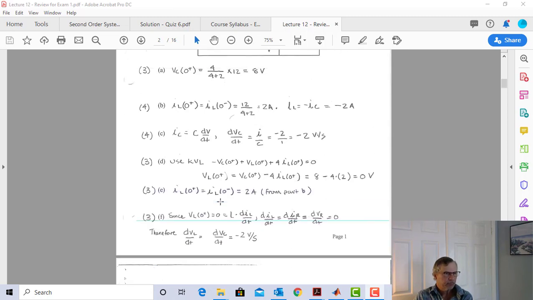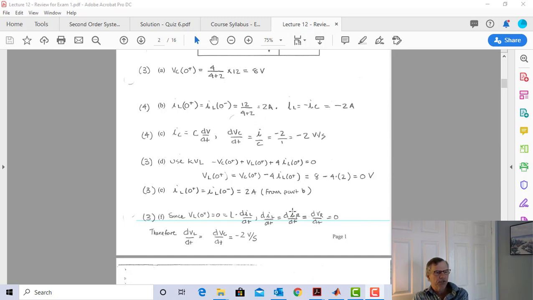So let's do it. VL at 0 plus is equal to 0. We know that. So that's equal to L di dt. So di dt for the inductor at t equals 0 plus is going to be 0.